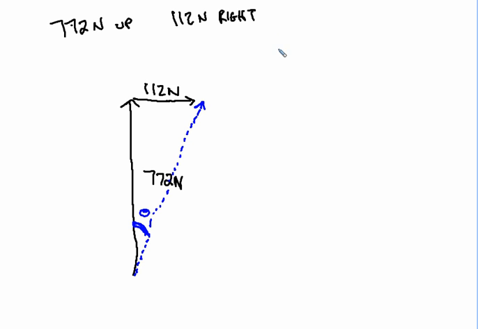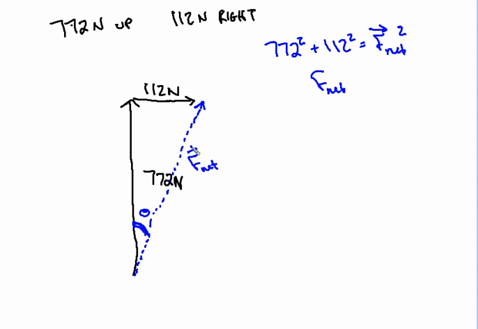So we'll first find the magnitude of it. 772 squared plus 112 squared is equal to the net force squared. Net force, and that would be this force.